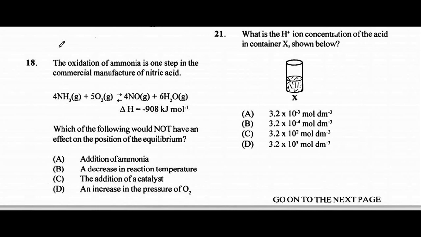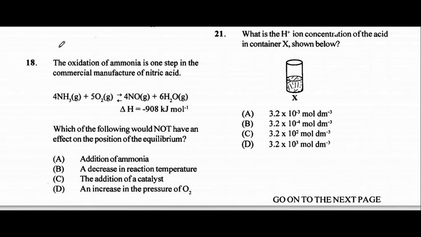B says a decrease in the temperature. If you decrease the temperature, the equilibrium will shift to the right as well, because it favors what? It's an exothermic forward reaction, so more products will be produced. And if you increase the pressure, that will also shift the position of the equilibrium.